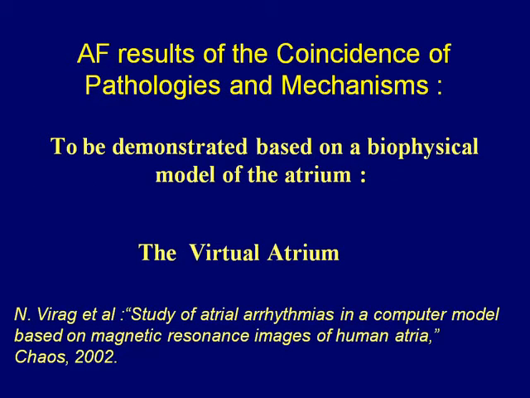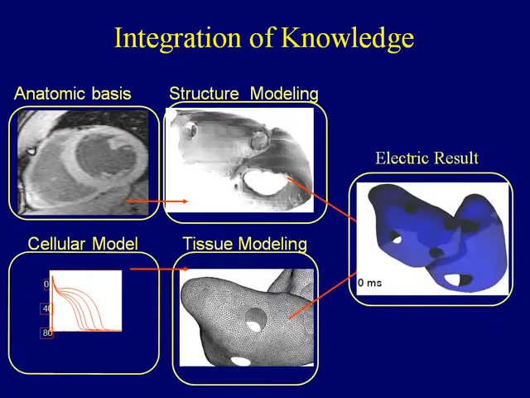Based on what I just told, we started many years ago to develop, together with the engineers of the technical high school, a biophysical model of the atrium, which I think is quite appropriate to explain what I tried to tell you. You see that we have on the left the anatomic basis, which is a heart taken from MRI, and the atrium is isolated, can be reconstructed in 3D.